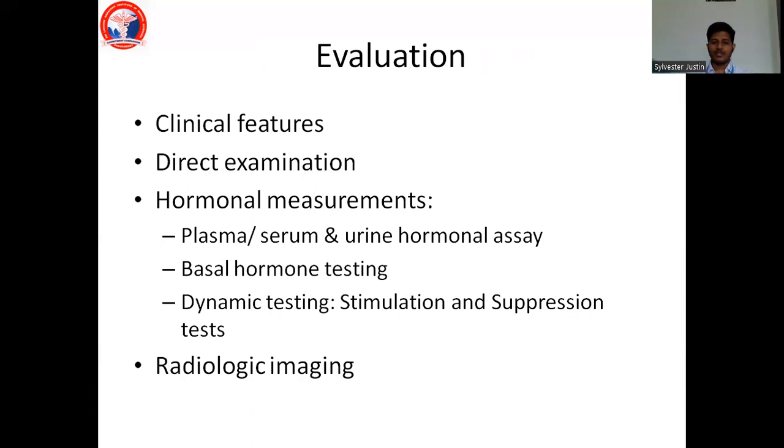Coming to hormonal measurements, we can do the plasma or serum and urine hormonal assay. We can do basal hormone testing. We can do dynamic testing, that is, we could stimulate or suppress the hormone and find out how they react to it. Finally, we can do radiological imaging to find out the location of a tumor.